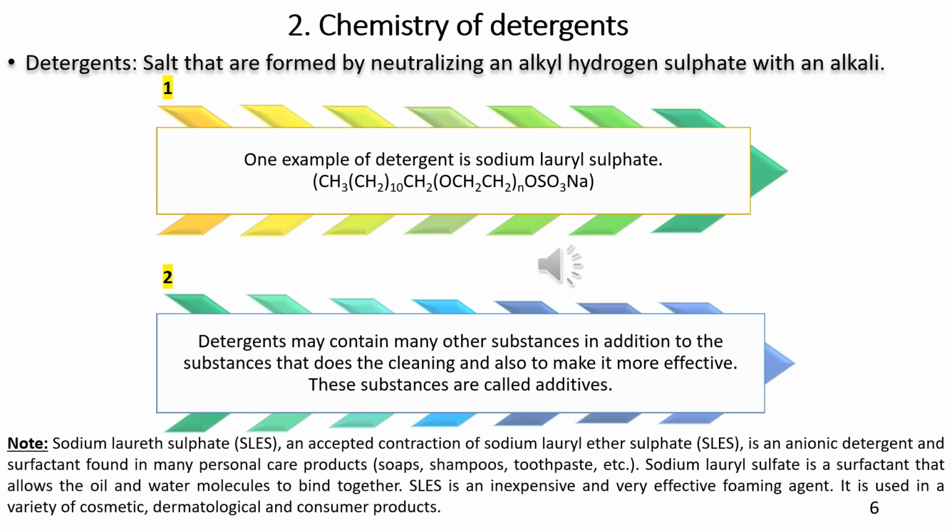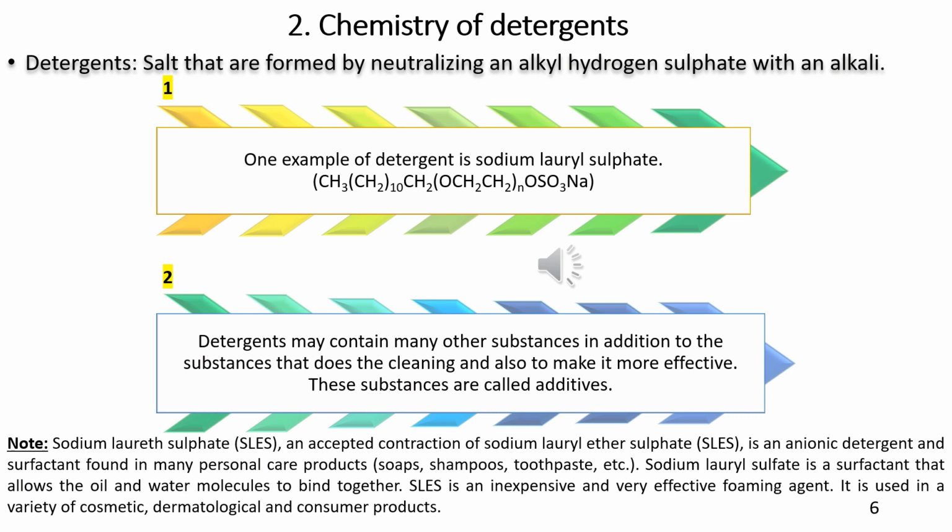The formula of sodium lauryl sulfate is CH3(CH2)10CH2OCH2CH2OSO3Na. So what is sodium lauryl sulfate? You can simply call it sodium laureth sulfate, SLES.